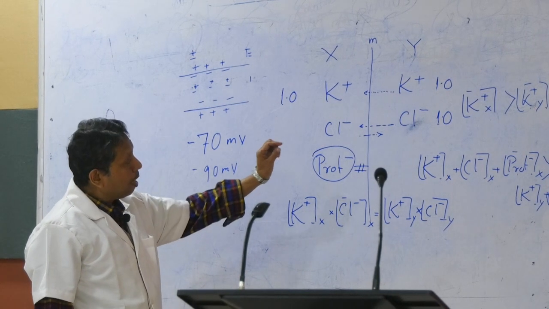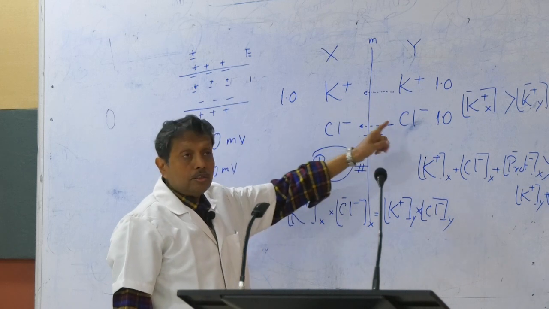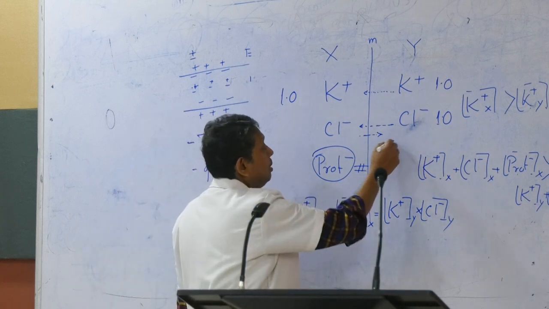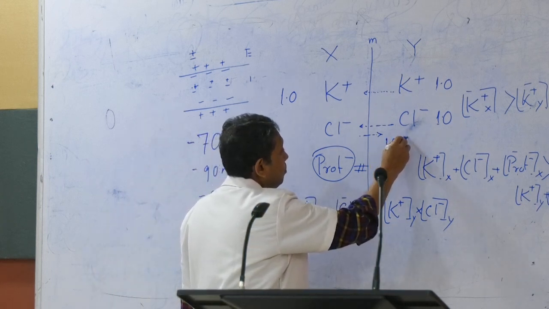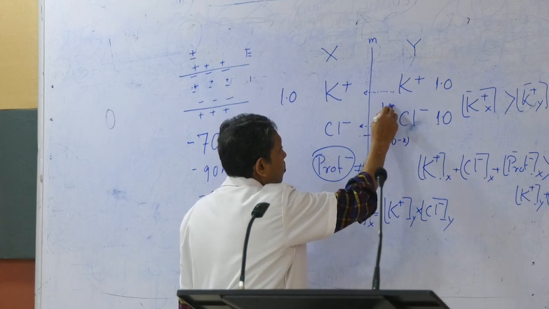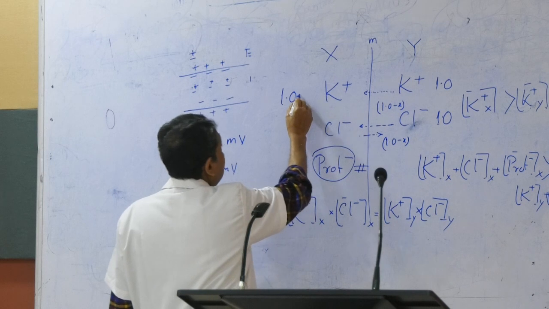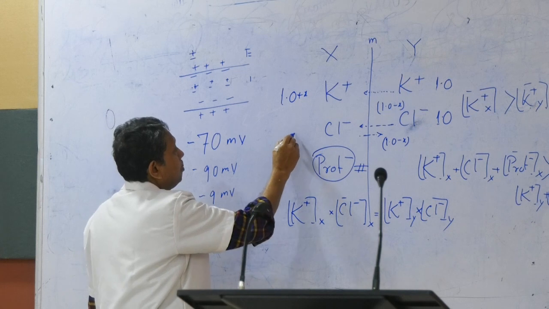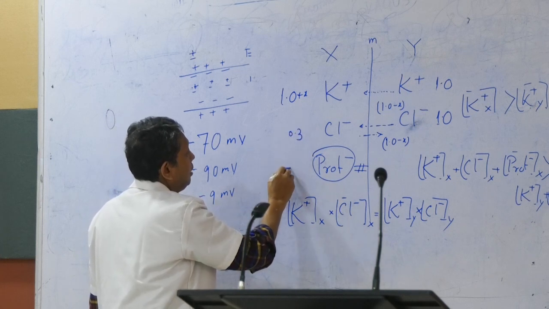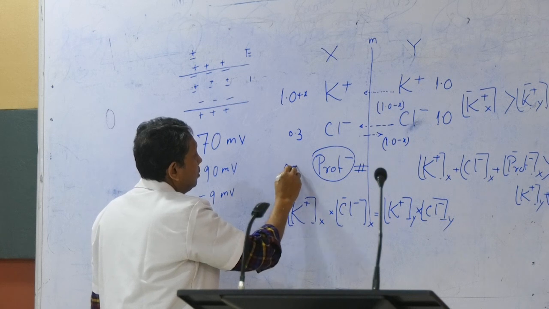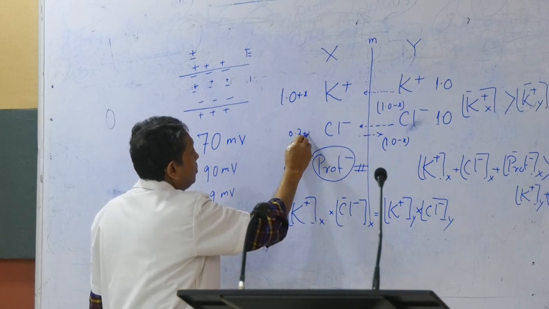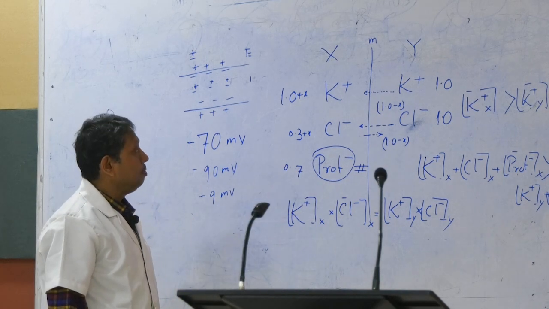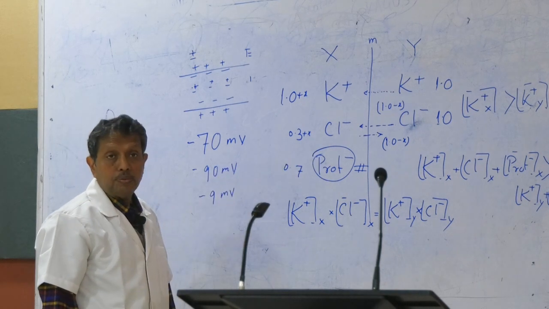So some small amount of potassium ion and chloride ion will move. When equilibrium is reached, it is 1.0 minus X and 1.0 minus X, and in this case it becomes plus X. Suppose in this case it is initially 0.3 and 0.7, and it remains constant because this ion cannot move across. So from this you can calculate the value.